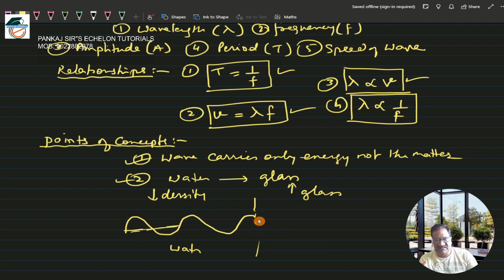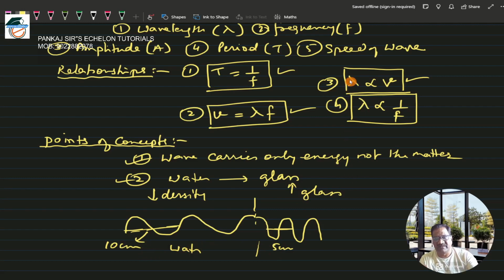Now when it enters into glass, the wavelength decreases. Can you see this wavelength has decreased? Suppose this was 10 centimeter, so this is probably 5 centimeter. The wavelength is reduced by half. So 10 centimeter became 5 centimeter, or in other words the velocity has decreased.